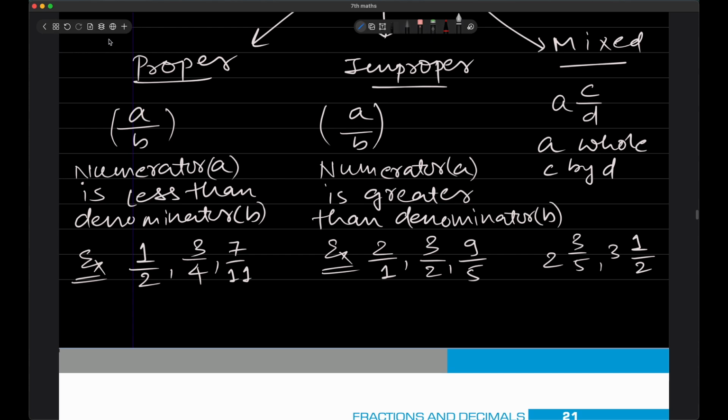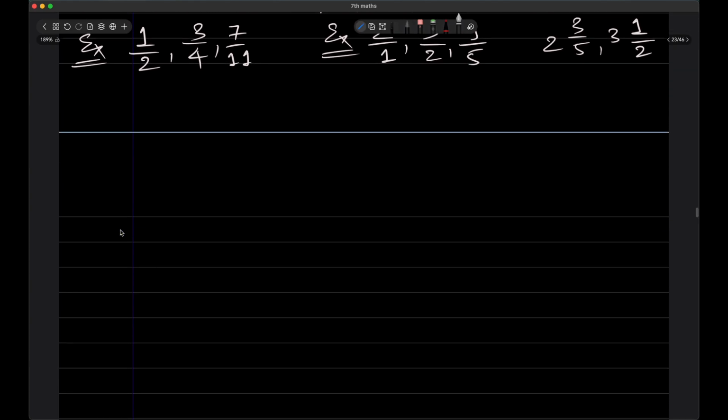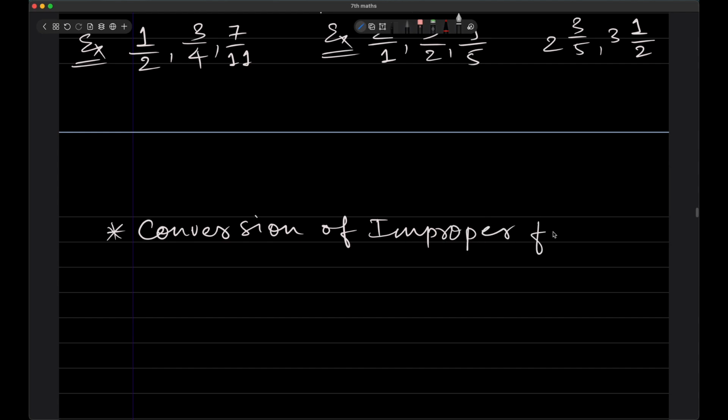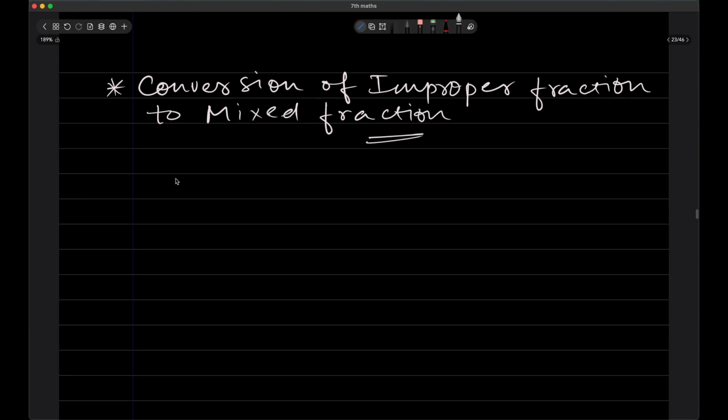Now, to convert improper fraction to mixed fraction, improper fraction is of the type a by b, where numerator is greater than denominator, that is 7 by 5.